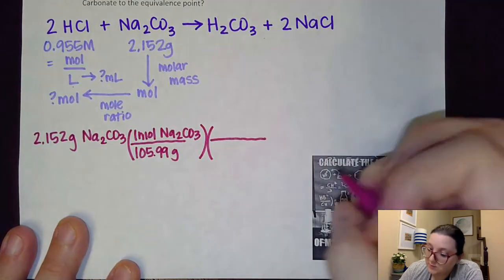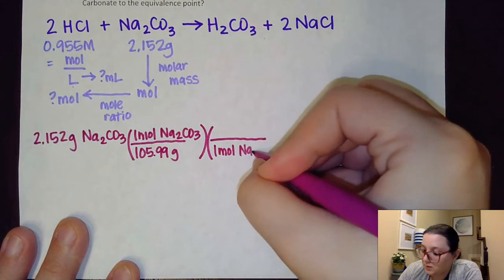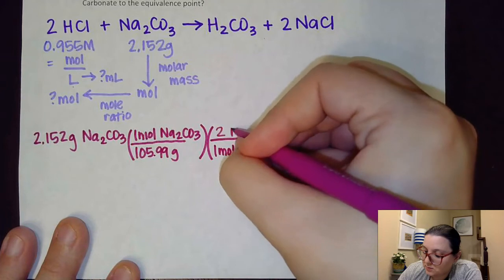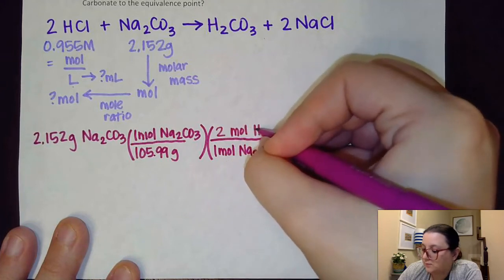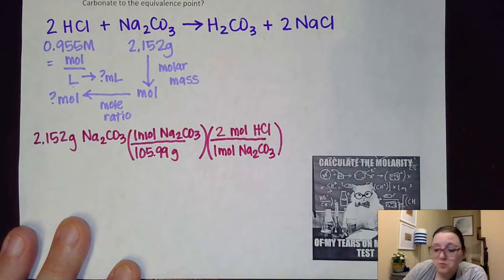And again, for every 1 mole of Na2CO3, there are 2 moles of HCl. Now, could you stop here? Calculate moles, plug it in here, solve for the volume, and get an answer? Absolutely. But like I said, I'm going to show you a sneaky way that you could do this.